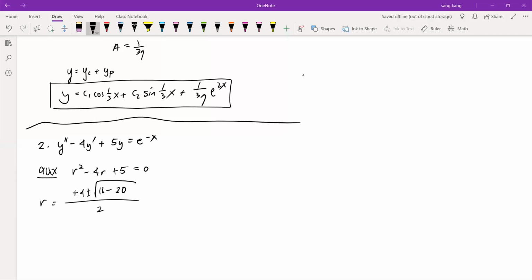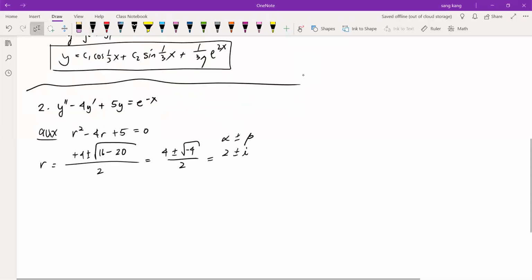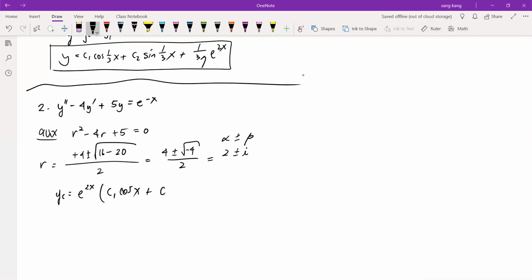This will be 4 plus or minus the square root of negative 4 over 2, which gives us 2 plus or minus i. So alpha, beta, right? Alpha plus or minus beta i. Our complementary solution then is going to be e to the alpha x, 2x, times C1 cosine of beta x, which is 1x, plus C2 sine of beta x.